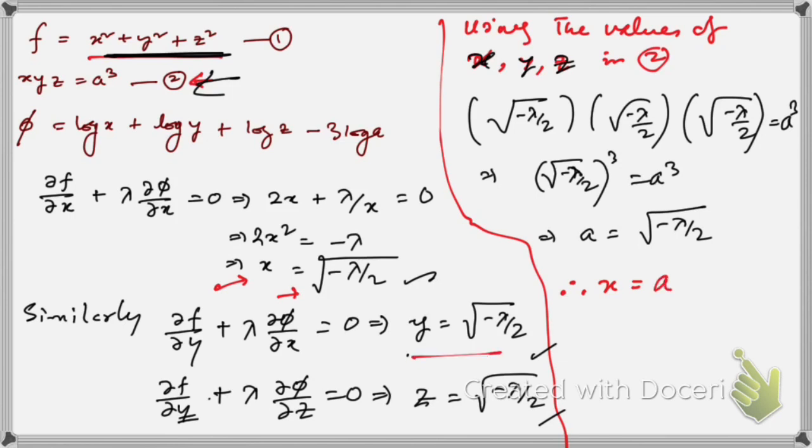So x, y, z is equal to a, where a is equal to root over minus lambda by 2, which is equal to x, which is equal to y, and which is equal to z, right? So the value of all those terms is nothing but root over minus lambda by 2, right?